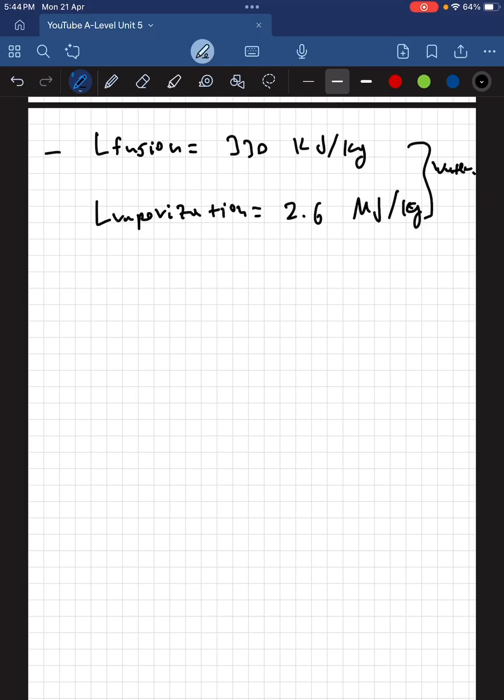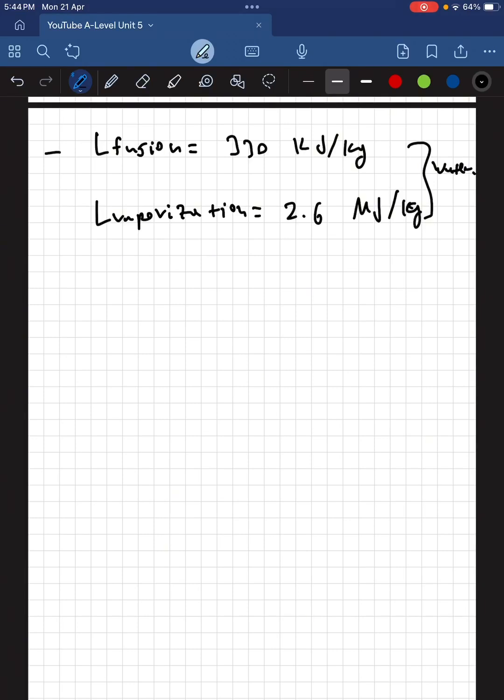So what does this mean? To turn 1 kilogram of water into 1 kilogram of steam, we need to provide 2.6 megajoules. On the other hand, if we have 1 kilogram of water that turns into 1 kilogram of ice, 330,000 joules are released, okay?